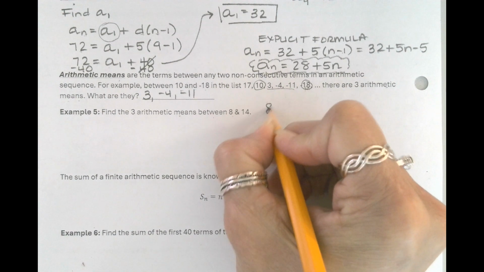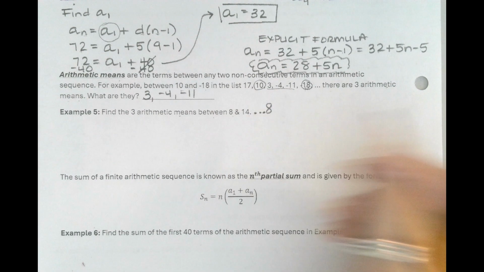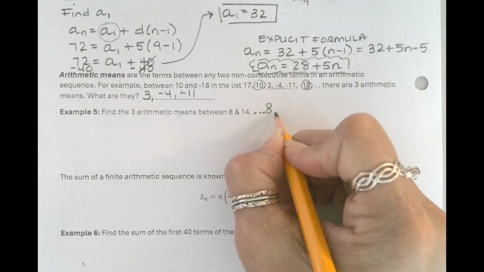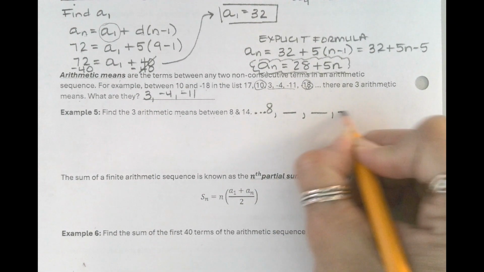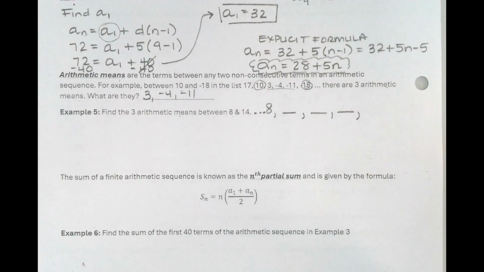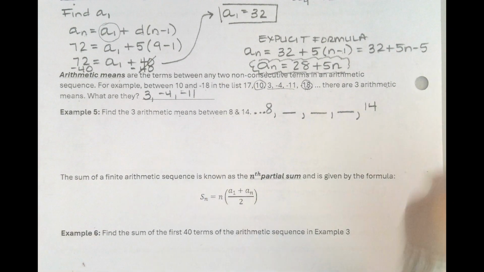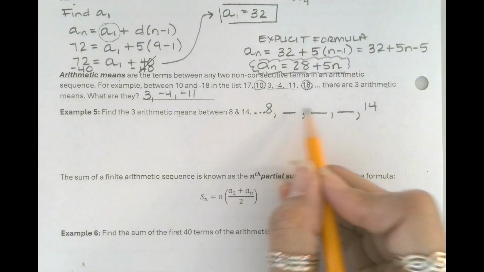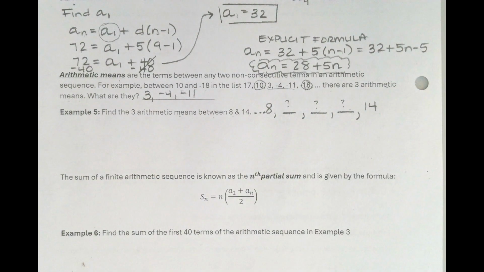Well, 8 is a term. We can consider that to be the first term, but they're not specifically telling us that. But they are telling us that between 8 and its other term, 14, there are 3 missing terms we refer to as means, okay?